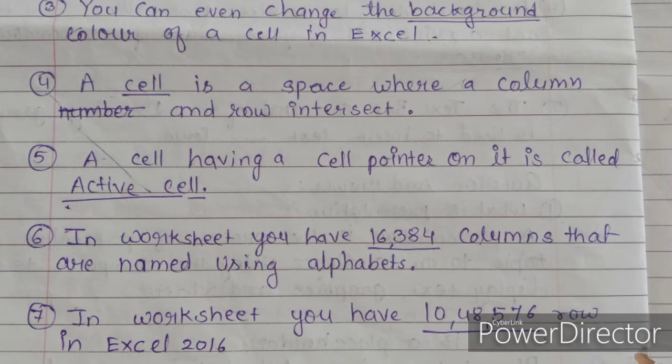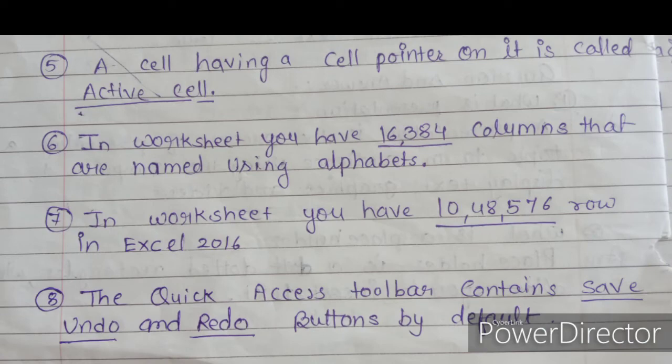Sixth, in a worksheet you have 16,384 columns named using alphabets. Seventh, in a worksheet you have 10,48,576 rows in Excel 2016.